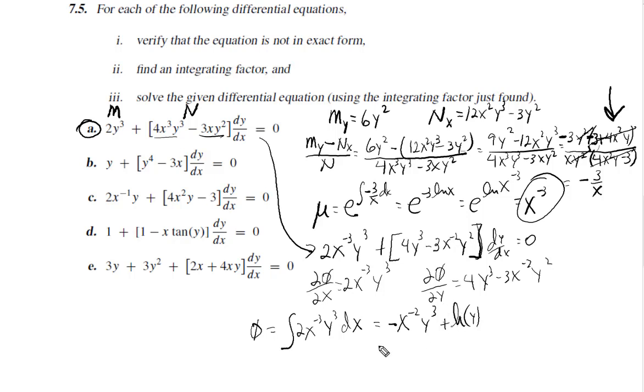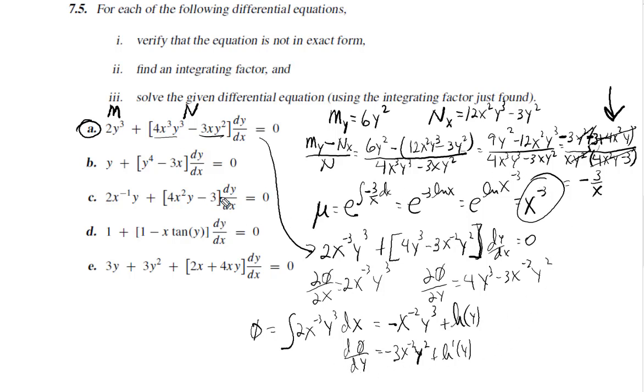Now we'll do the derivative of that. The derivative of that with respect to y comes out to be a -3 x to the -2 y squared plus the derivative of the h.